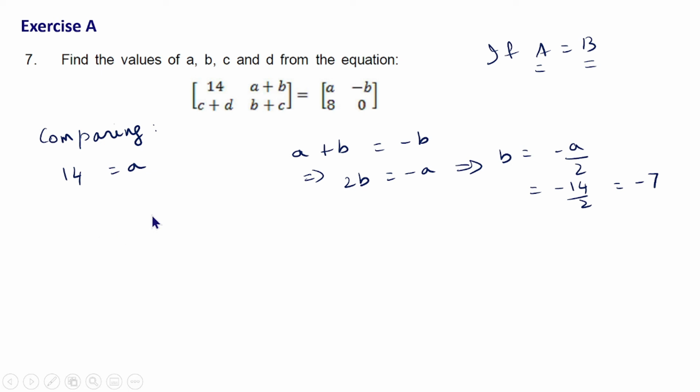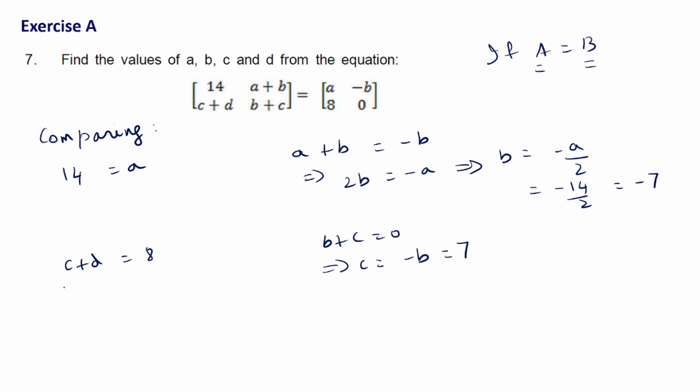Now coming to d. Here we have c plus d equal to 8. Since we do not know both c and d, let us keep it here. And then we have b plus c equal to 0, which implies c is equal to minus b. So this is minus of minus 7, which is plus 7.